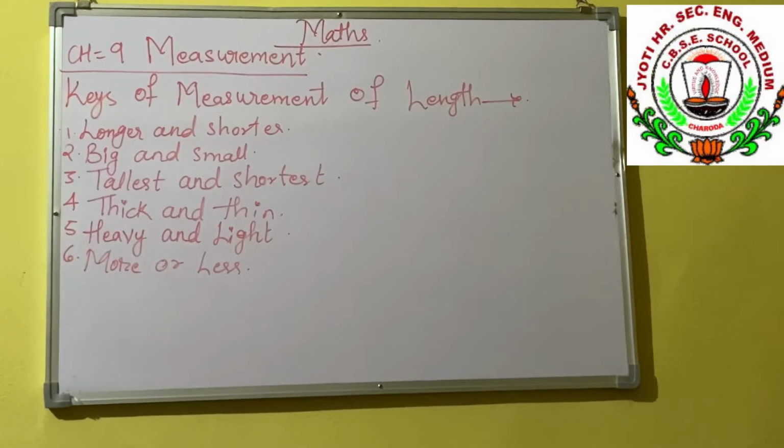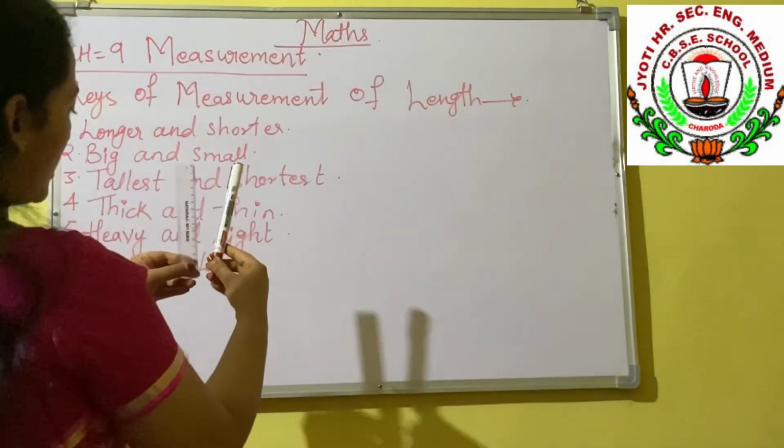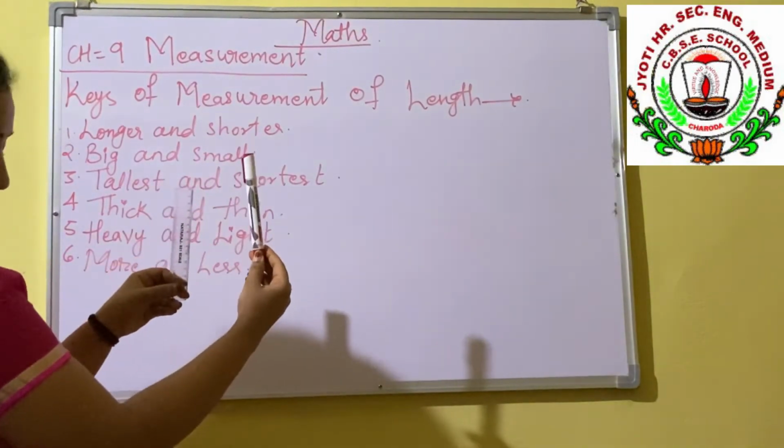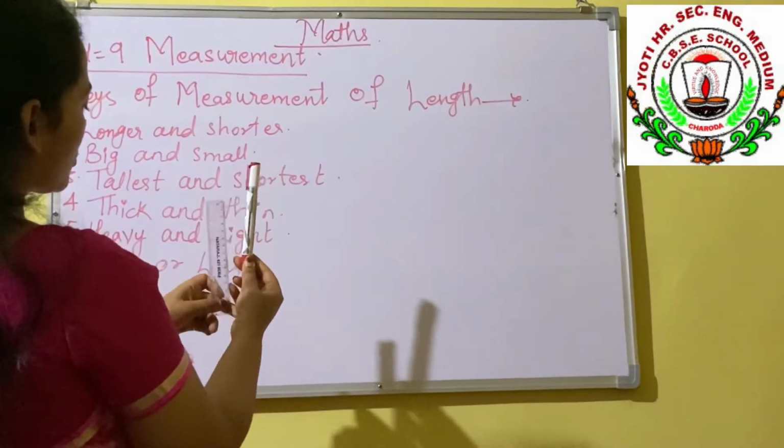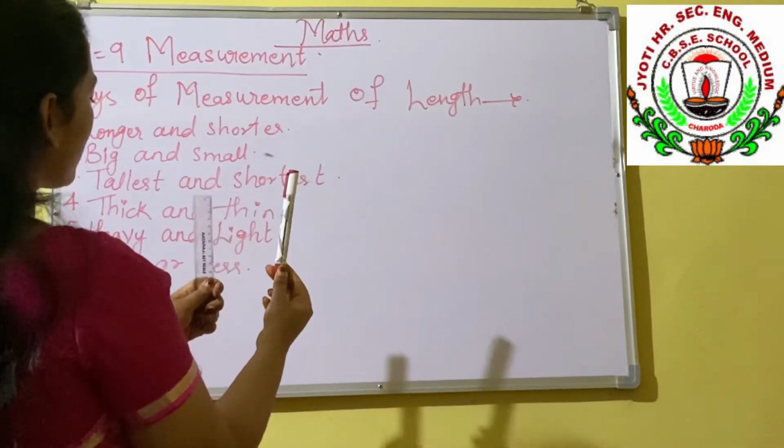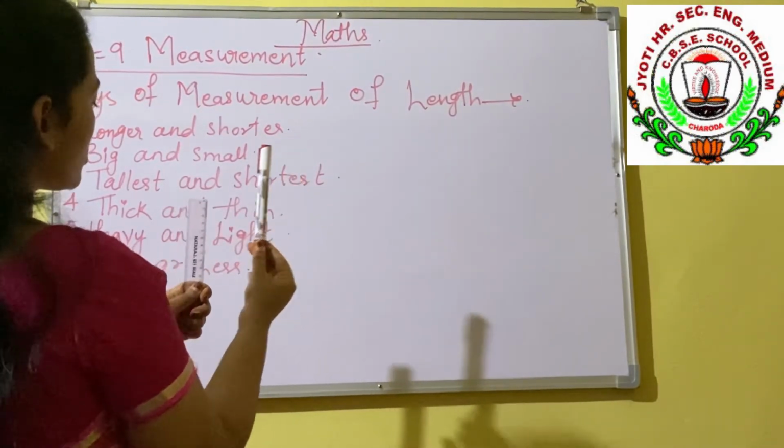By measurement, we can find the length of things. If I am having one scale and one marker, this one is small and shorter and this one is longer.